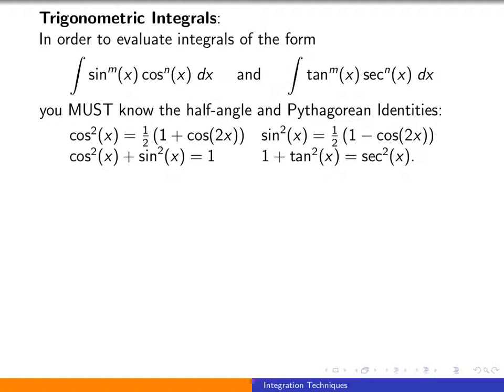You also need to know your Pythagorean identities. Cosine squared plus sine squared equals 1, and 1 plus tangent squared equals secant squared. I find that students typically remember the Pythagorean identity cosine squared plus sine squared equals 1, and note if you remember that one, you get the next one for free, because what we can do is just take each term in this Pythagorean identity and divide it by cosine squared.